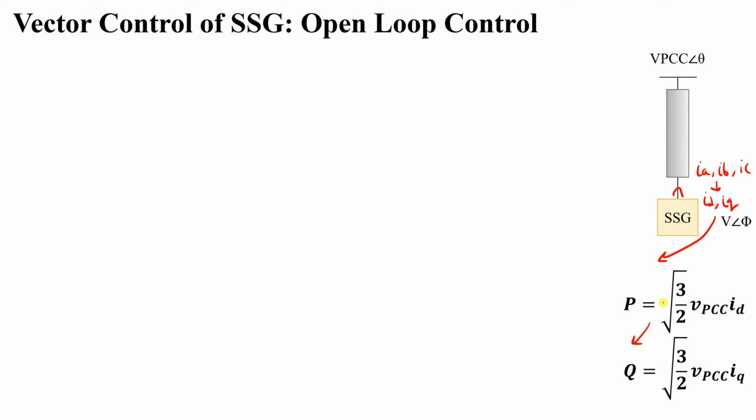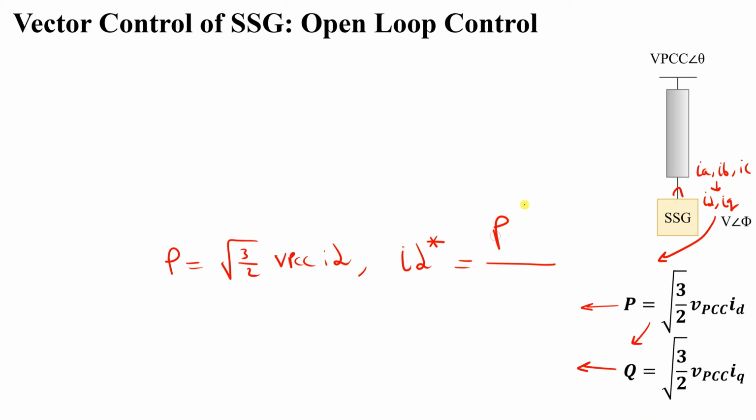So how can I convert this into a control loop? By logic, what is the power you would like to get? Power I would like to get is equal to root 3 over 2 VPCC ID, right? Or the ID reference, the current that I would like to get, is equal to the power needed, P reference, divided by root 3 over 2 VPCC or Vmax here, right?